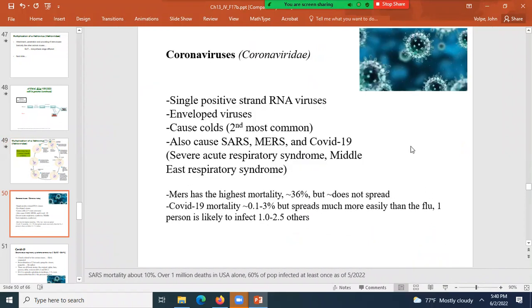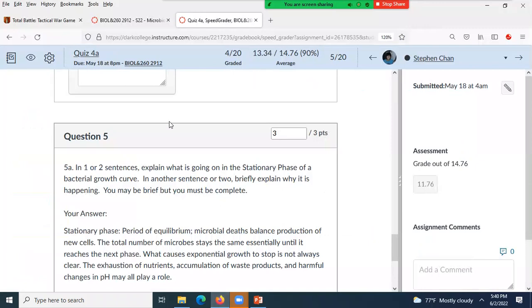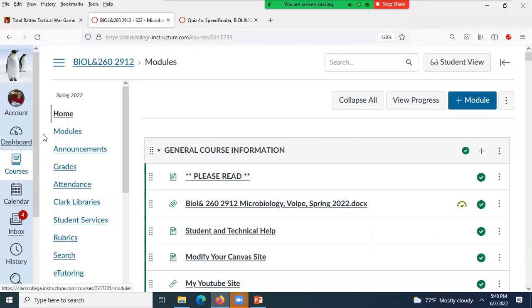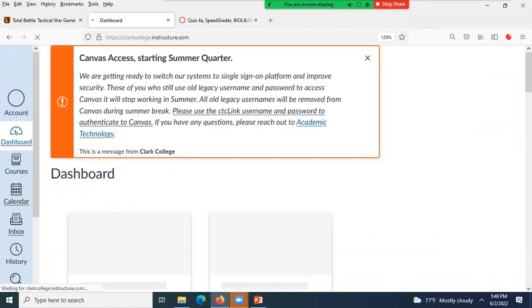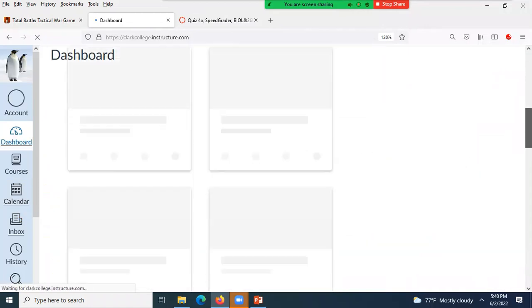And you'll note that coronaviruses is actually the picture for my website. Oh, here it is. So that little picture for our course is actually a coronavirus.